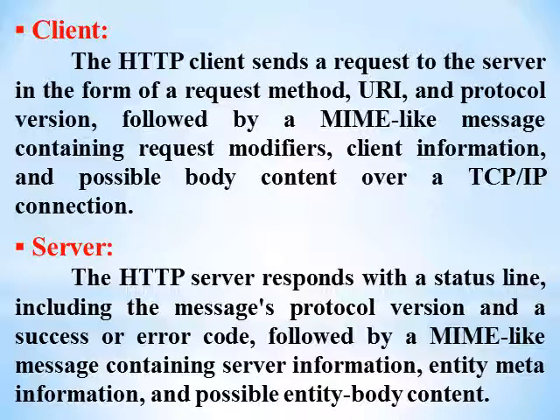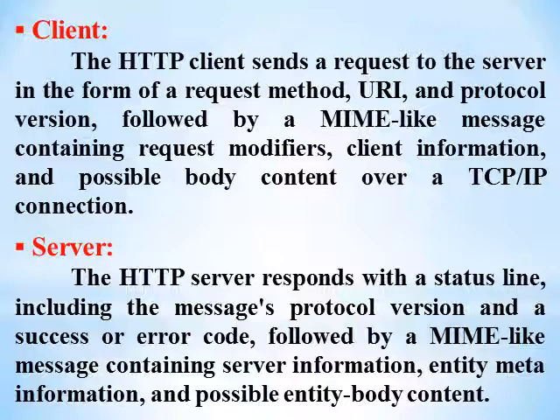This is the client model used by HTTP for sending the request, followed by a MIME-like message containing information about the client request modifiers and the possible body of the contents over the TCP/IP connection.